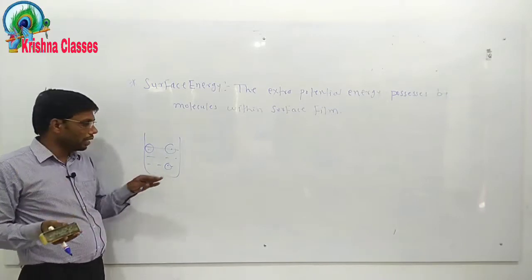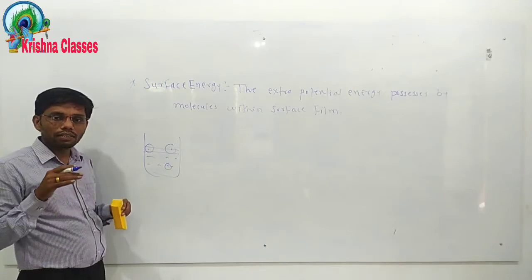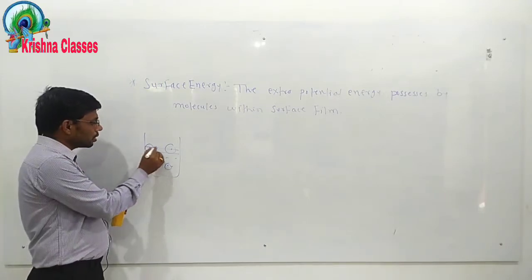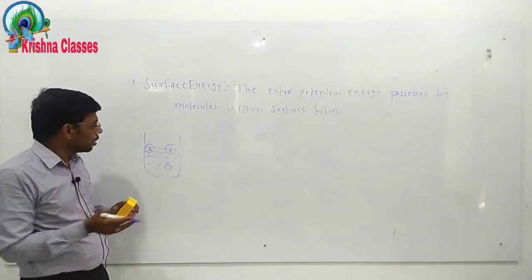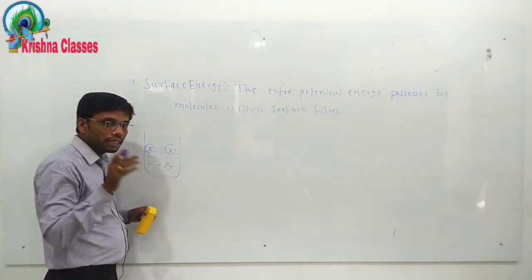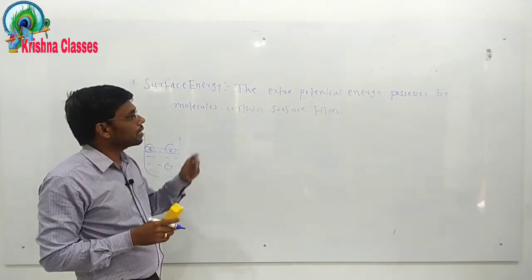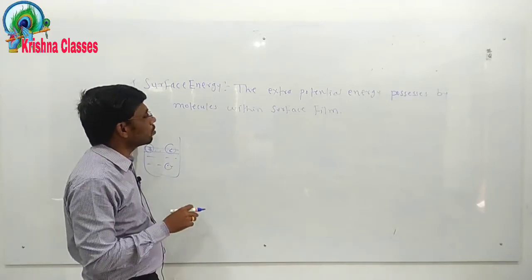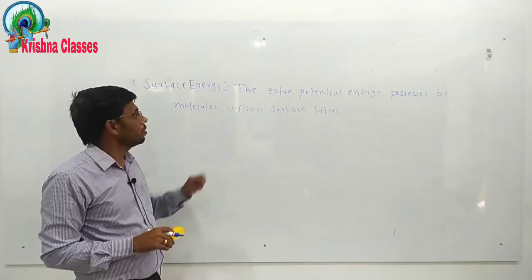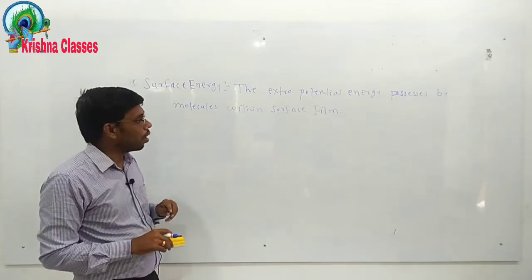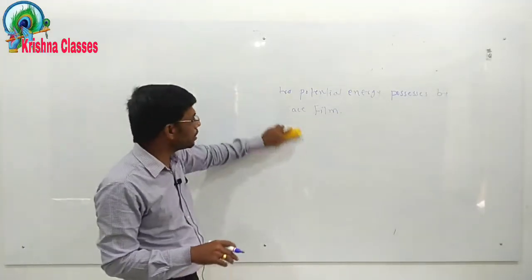To bring molecule A within the surface film we have to do some work, and from that it is clear that B and C possess more potential energy than A. Not only B and C, but every molecule within the surface film possesses this extra potential energy, and that energy is known as the surface energy. Now we are going to derive the relation between surface energy and surface tension.